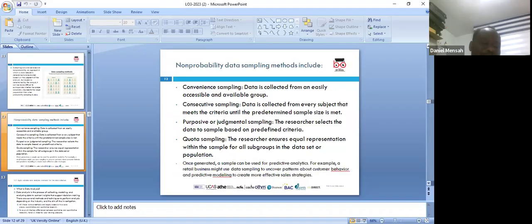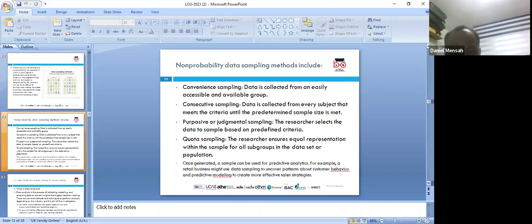And so if the parameter says remain within these confinements, remain within data from this locality, from a part of Manchester, a particular postcode, your findings should be subject to that postcode, then it's called judgment sampling. Or quota sampling, where the researcher ensures equal representation within the sample for all subgroups in the data set or population.